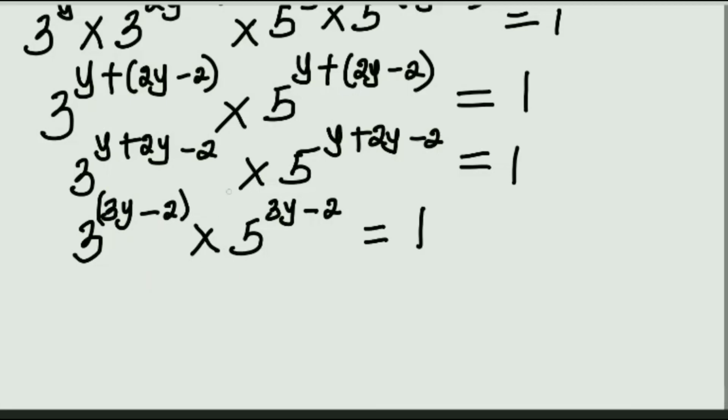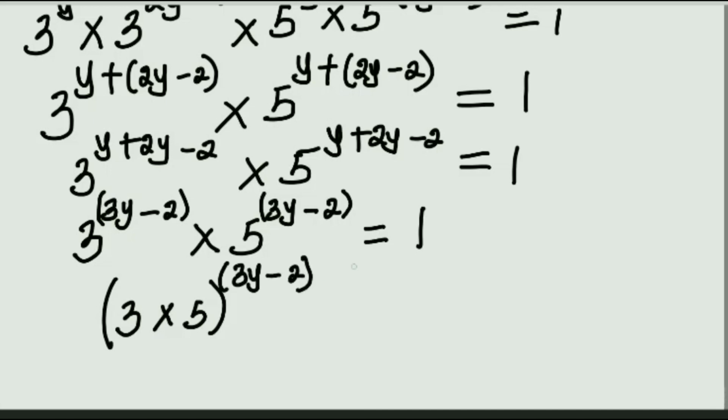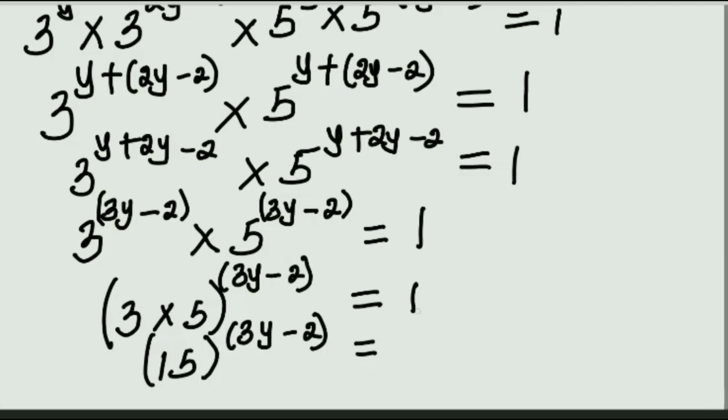The power is 3y minus 2, 3y minus 2. And so this can be written as a single expression as 3 times 5, we group this together to the power of 3y minus 2 equals 1. So 3 times 5, that's 15 to the power of 3y minus 2 equals 1.